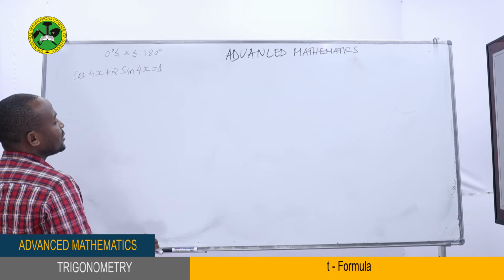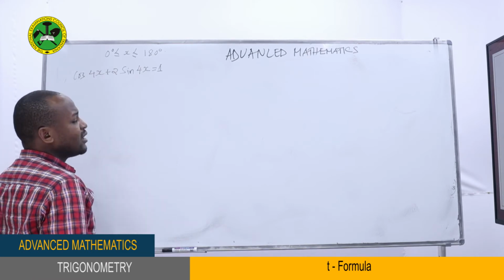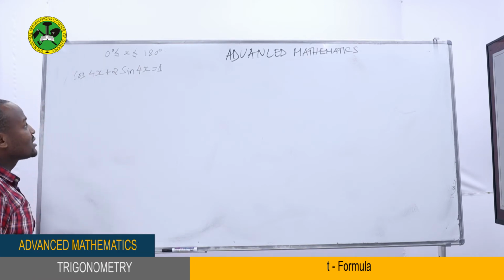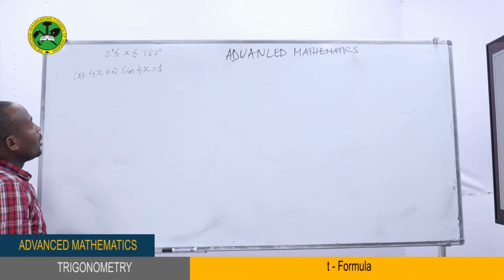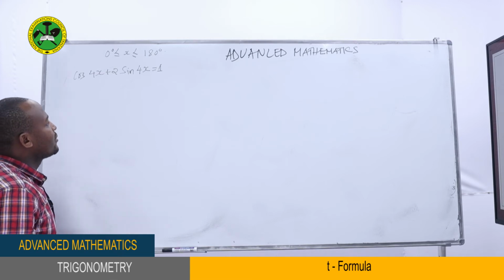Now let's see how we can do that. You can do that question in a lot of ways. You can expand using compound angle and then use the t formula. But you can also do the following.